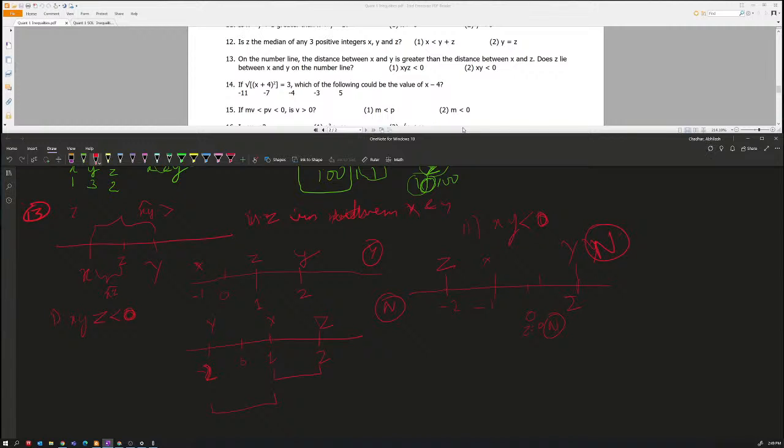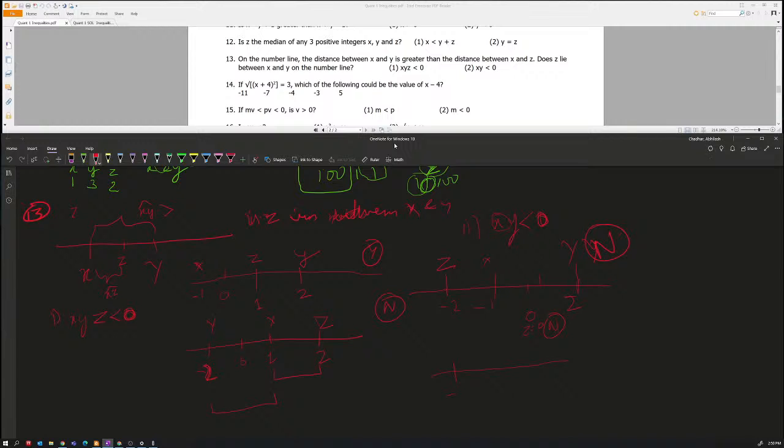Okay, now combine both of them. When we combine both of them, we have to have this condition. So basically z will be either the same sign as x or the same sign as y. Let's say when z is the same sign as x.